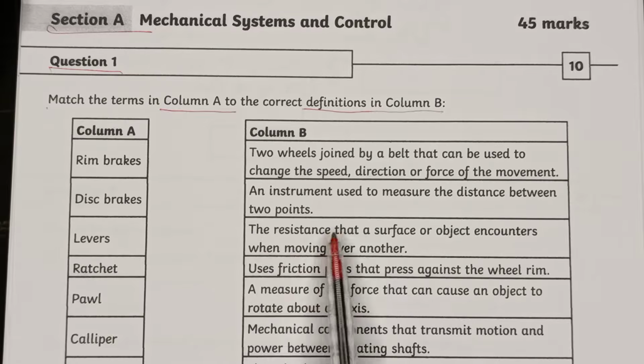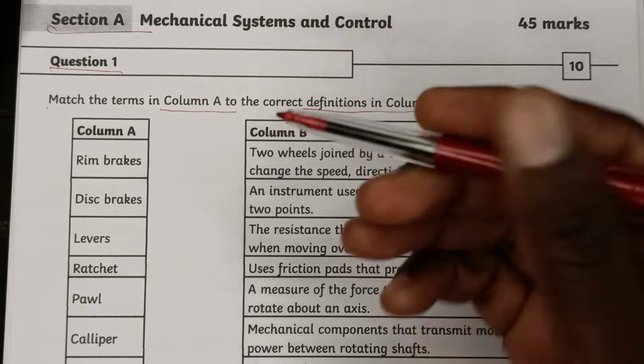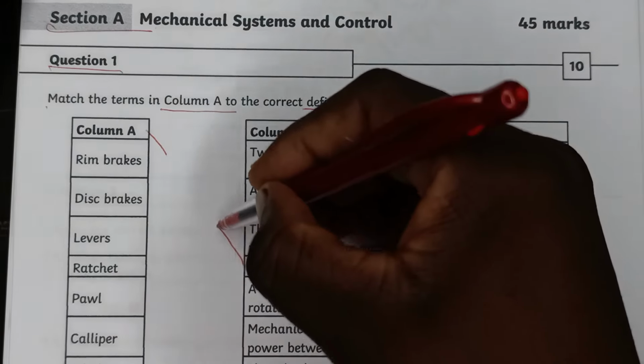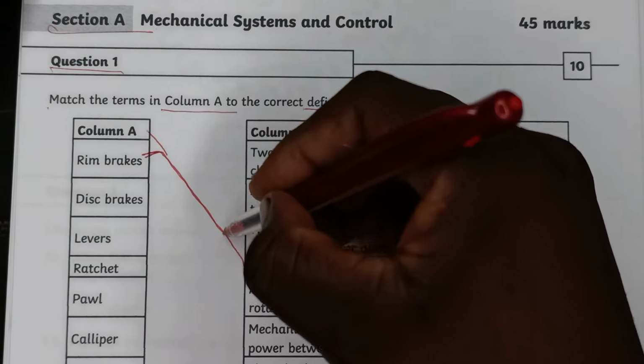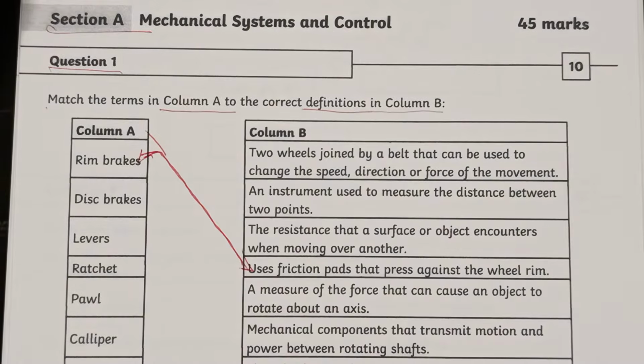Is it the resistance that a surface or object encounters when moving over another? No. Is it that it uses friction pads that press against the wheel rim? Yes, this is the correct answer. So this one matches with the rim brakes.